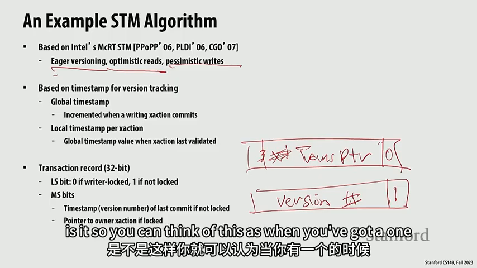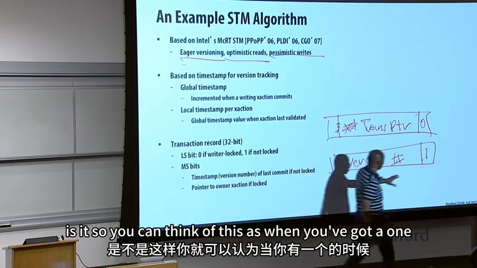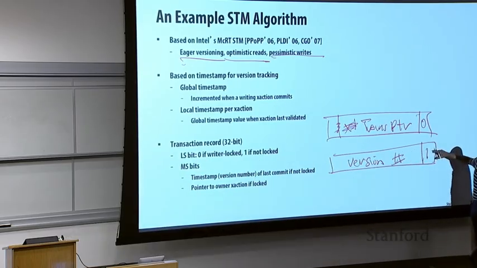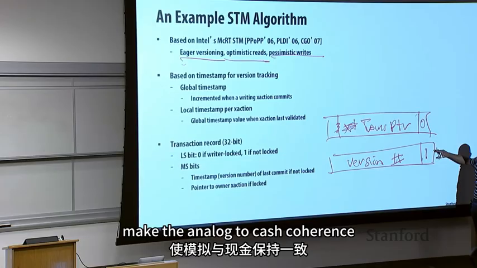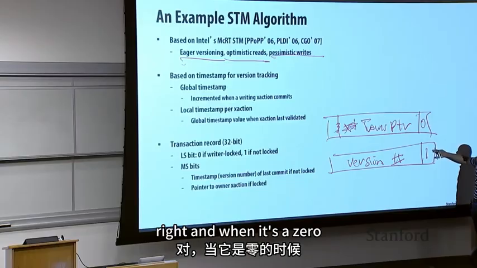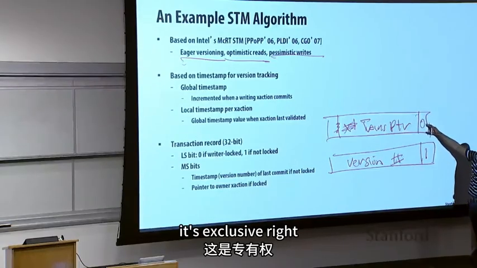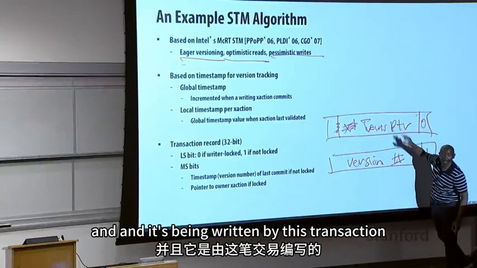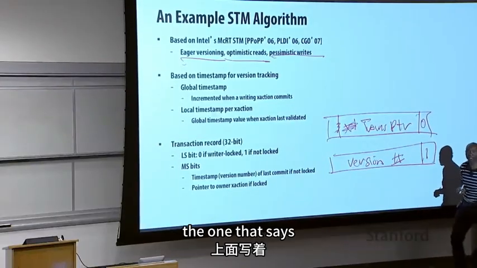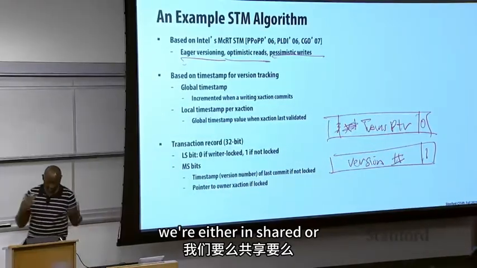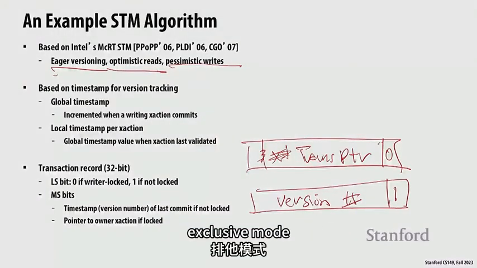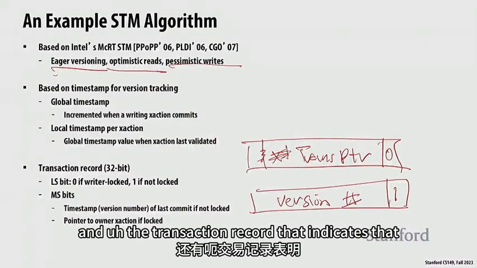When you've got a 1, how should you think about the state of the data? Making an analogy to cache coherence, it's shared. And when it's a 0, it's exclusive, and it's being written by the transaction that the pointer refers to. So we're either in shared or exclusive mode, and the transaction record indicates that.